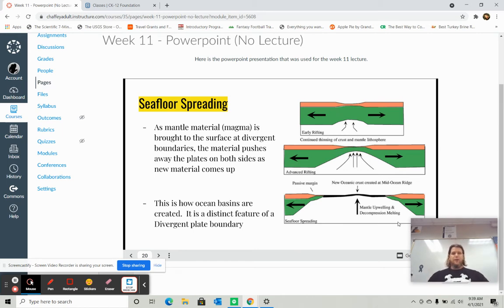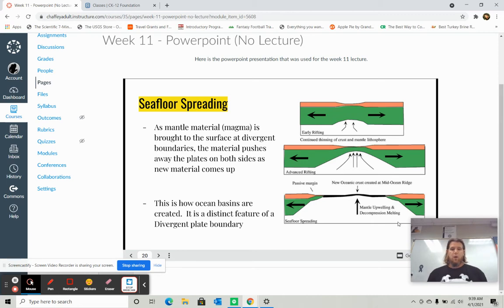So as the mantle material is brought to the surface, you have this material that's being driven up, and then as the plates thin and there's less pressure, it can go even further and further up until it pushes those plates apart. We have magma that rises up and moves the plates away, and we create new ocean floor.